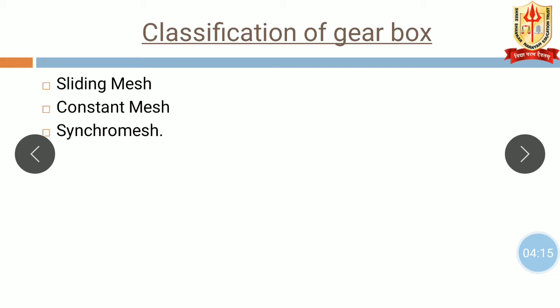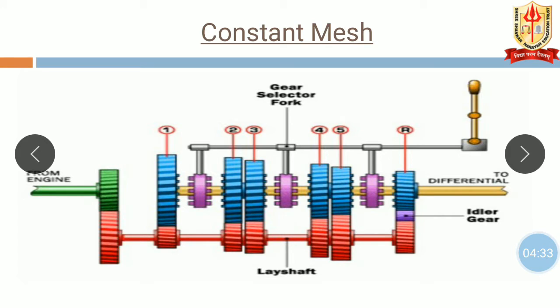In gearboxes also we have different types. We are going to discuss these three: the sliding mesh gearbox, constant mesh gearbox, and synchro mesh gearbox. Let's see first the constant mesh gearbox. In a constant mesh gearbox, the gears are continuously in contact.